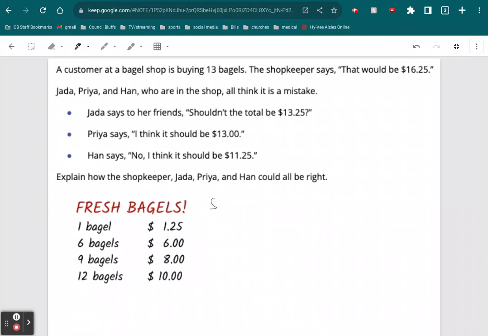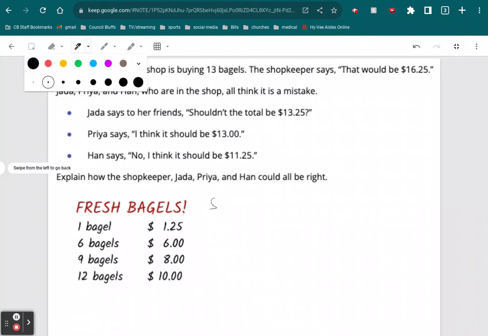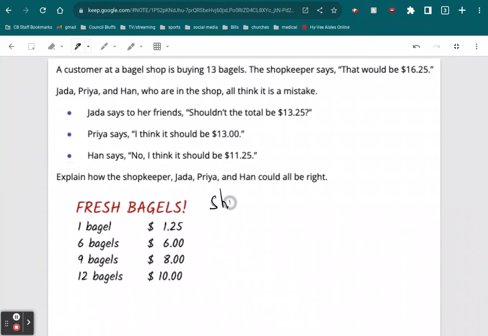Okay, so the shopkeeper said that the total is $16.25. So we're doing the shopkeeper first. And remember, he said, or she said, the total is $16.25.